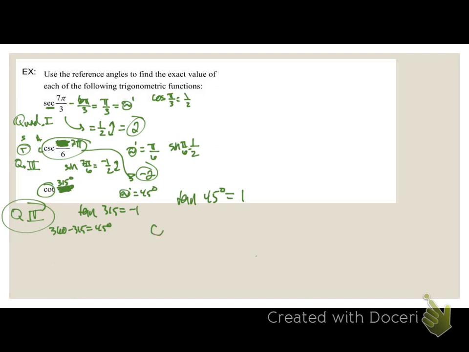So to find cotangent of 315, I flip negative 1 over and it still stays negative 1. So another thought, it's just a different thought process with getting through your sine, cosine, and tangent values. And so you don't have to memorize the whole circle, just memorize one quadrant and think your way into that quadrant. Still a lot of thinking, okay? But that's reference angles.